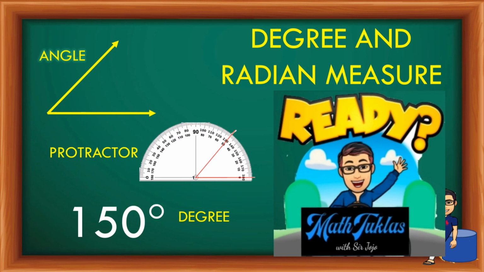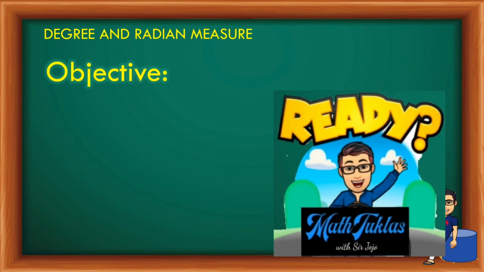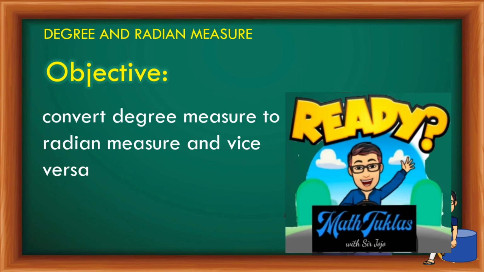So to start off, let us try to know ano nga ba ang objective ng ating aralin ngayon. The objective is to convert degree measure to radian measure and vice versa. So with our lesson, magko-convert tayo ng degree sa radian at ng radian sa degree.